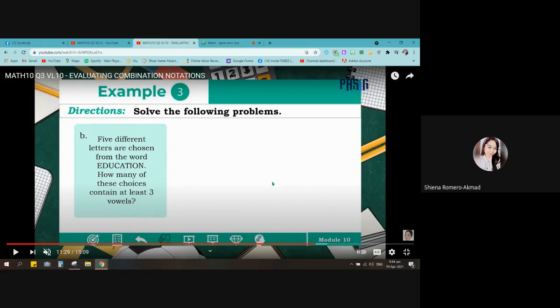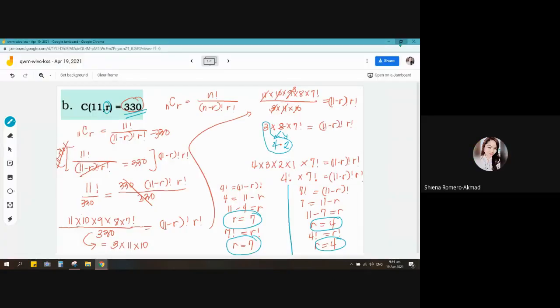We have how many vowels, how many consonants? Ilan yung consonant natin? 4 po. So, ilan yung vowels? 5 po.